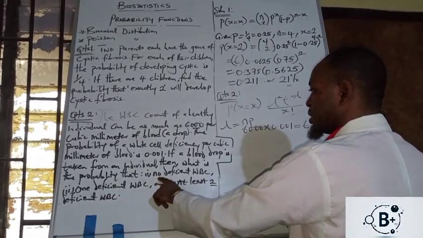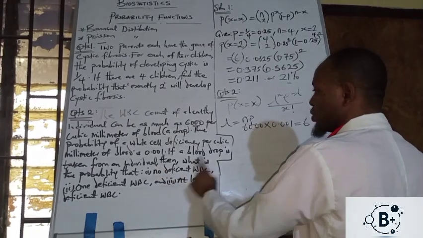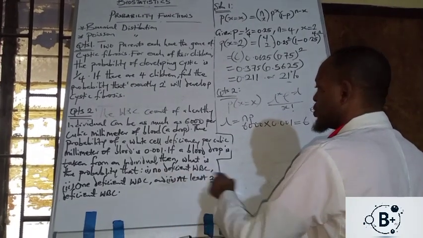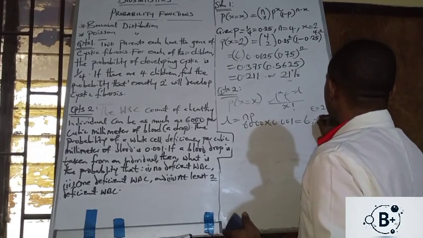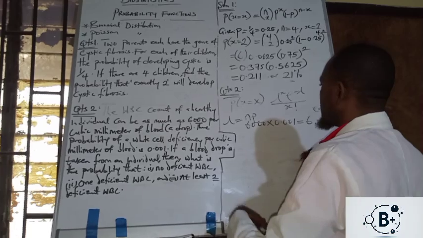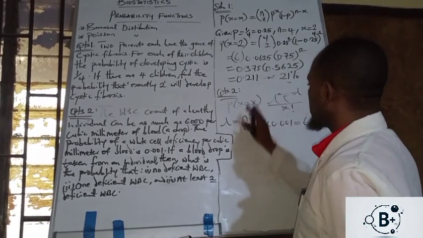The S here is the number of deficient white blood cells we want. For no deficient white blood cells, S will be 0. So we substitute this value into the formula.